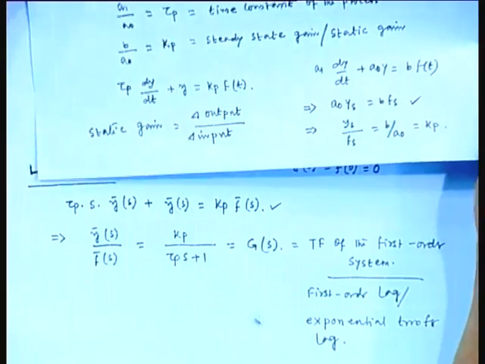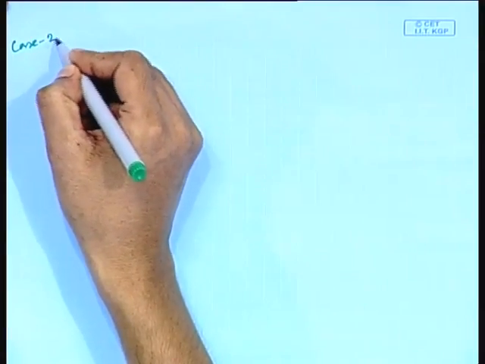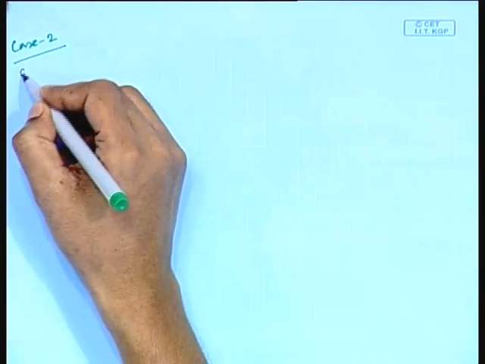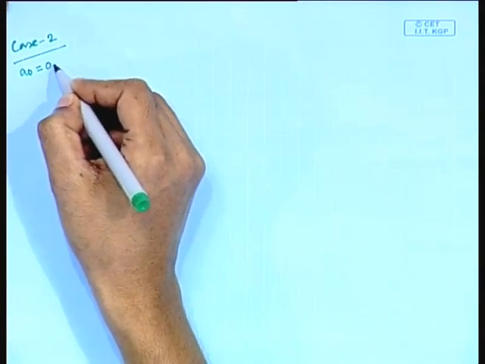So, in the first case we have considered A naught not equal to 0. In the next case, case 2, we will consider A naught equal to 0.